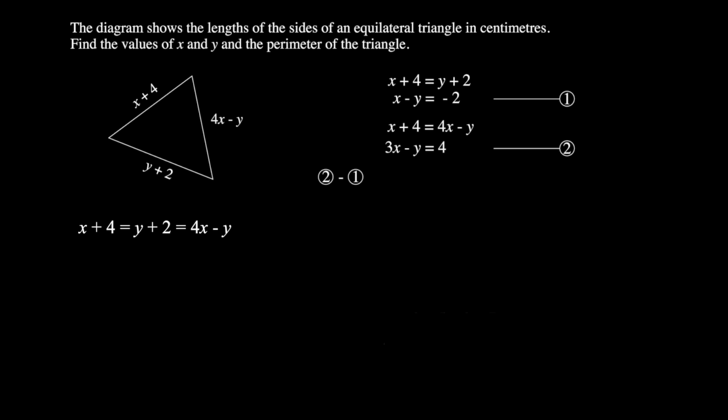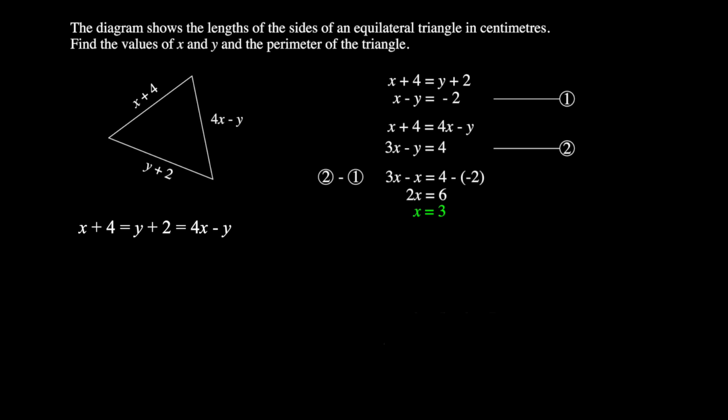Well, let's do that. 3x subtract x gives us 2x, minus y subtract minus y, which is plus y, that now disappears, and then we have 4 subtract minus 2 gives us the answer 6. So that's 2x is equal to 6, x is equal to 3.